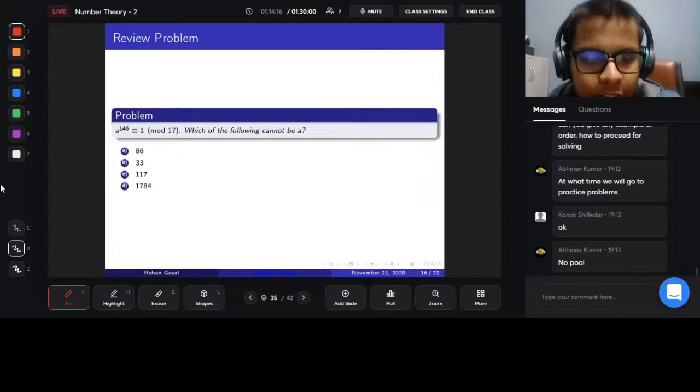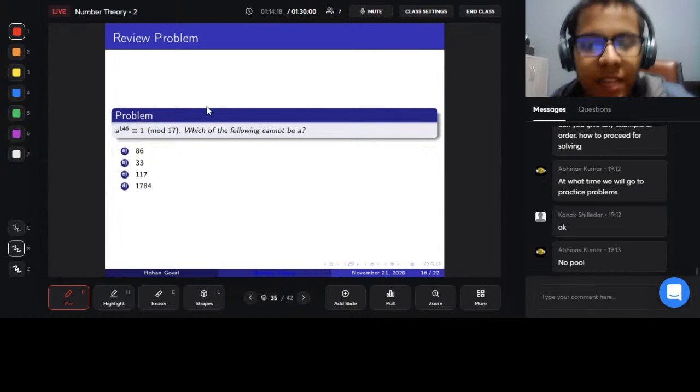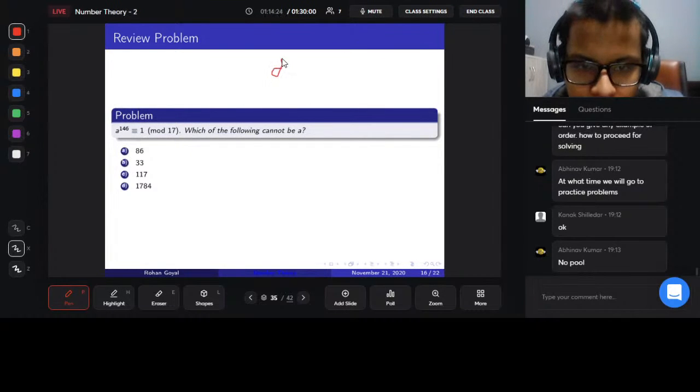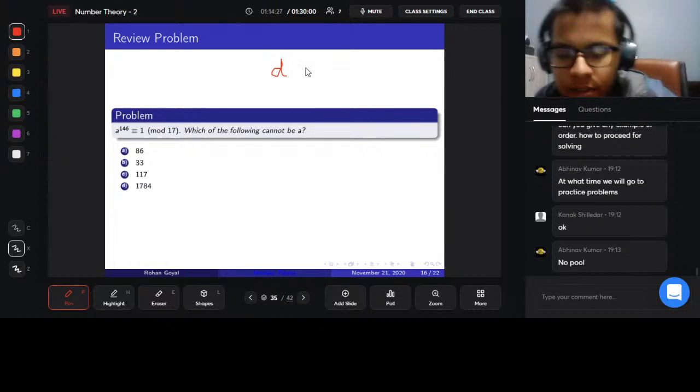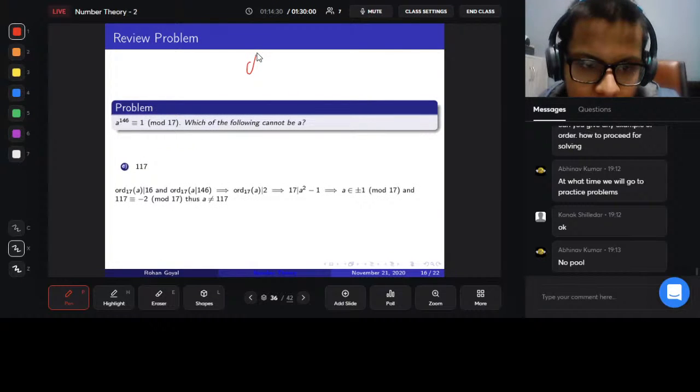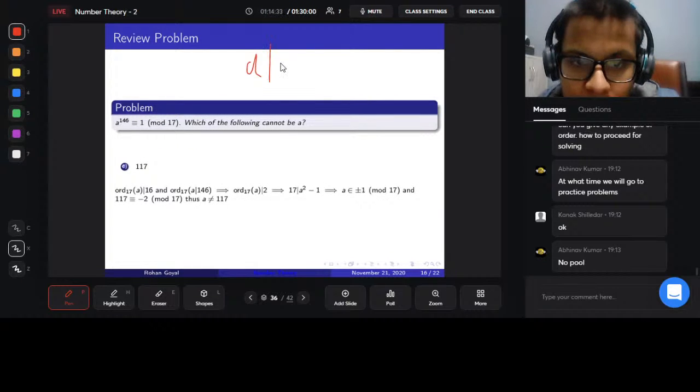Okay, I see. So observe the very important thing. Let's say the order of A mod 17 is d. Then d divides 16, as we have shown, because mod 17, A to the p minus 1.